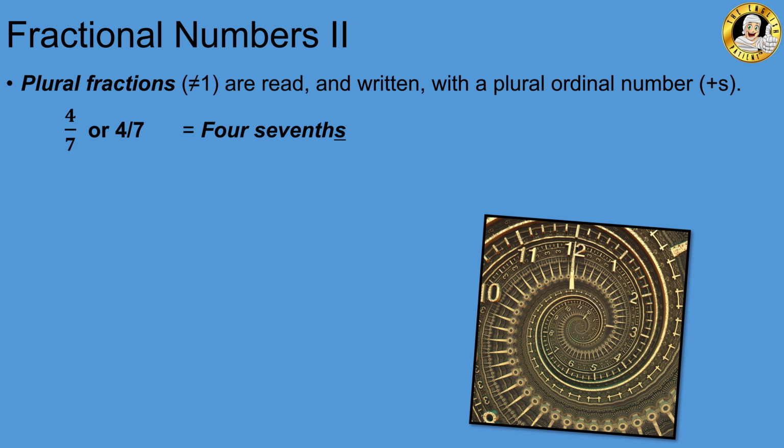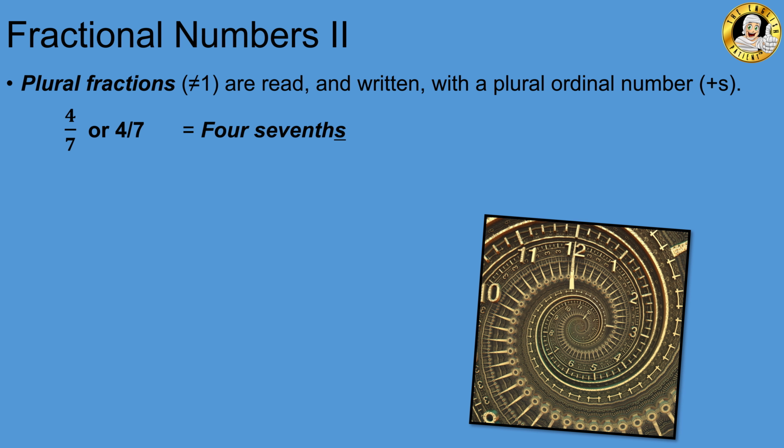Now note that plural fractions, plural means not equal to 1. So 1 is singular, anything not equal to 1 is plural. So plural fractions are read and written with a plural ordinal number. For example, 4 is not 1, it's greater than 1 in this case.